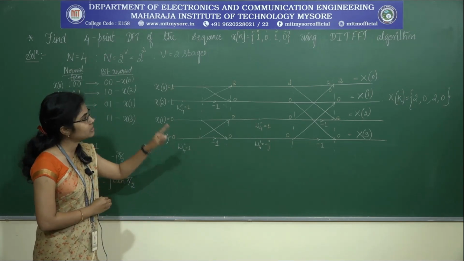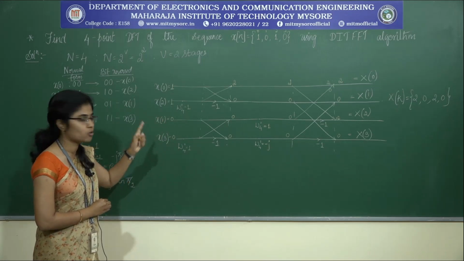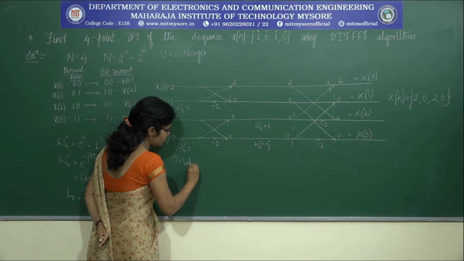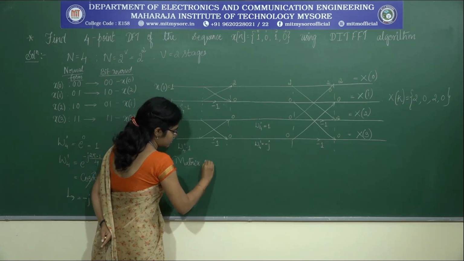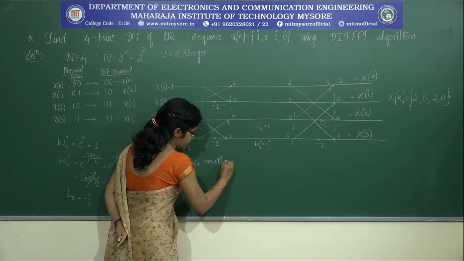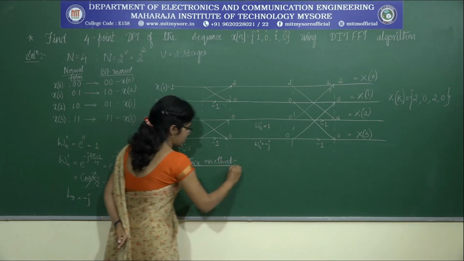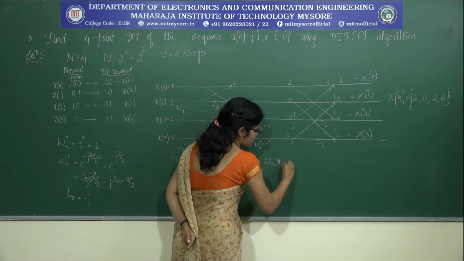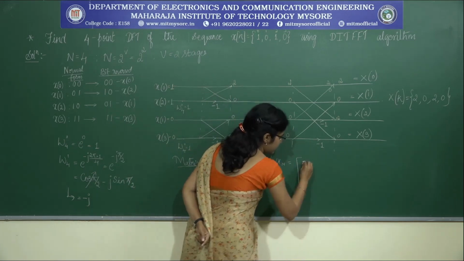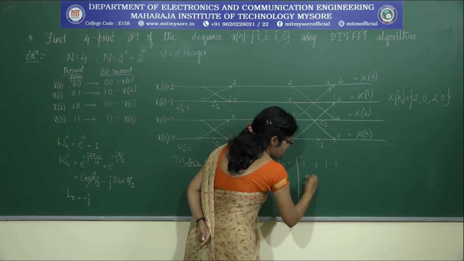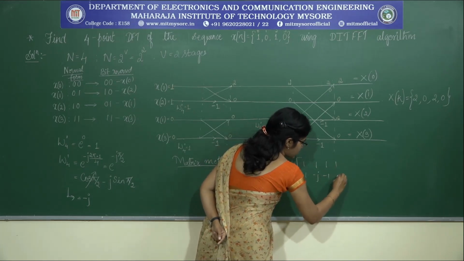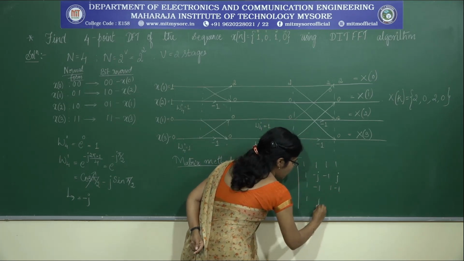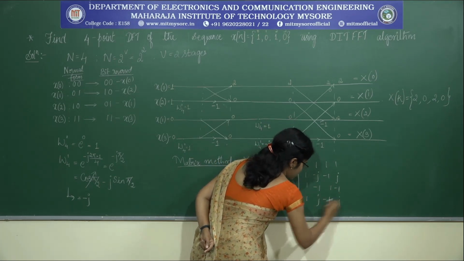So you can verify the same thing using the matrix method also. Let us see how to verify. So we know how to perform the matrix method, that is X of k is equal to omega N into x of n. So what is omega N for DFT? 1 1 1 1, 1 minus j minus 1 plus j, 1 minus 1 1 minus 1, 1 j minus 1 minus j.